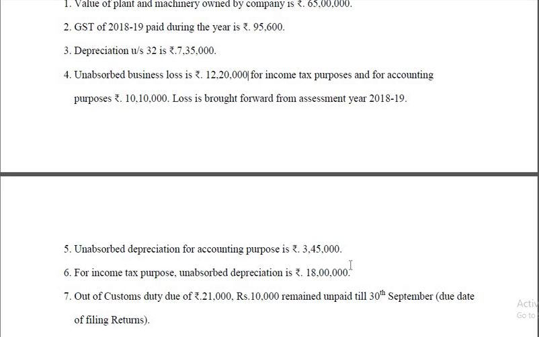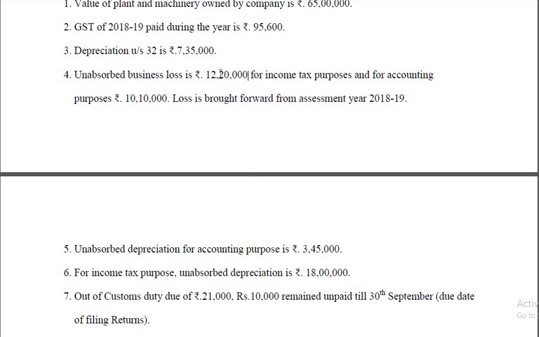While computing business income, we have to consider brought forward business loss and unabsorbed depreciation meant for income tax purposes. So here 12,20,000 we have to consider, and similarly unabsorbed depreciation for income tax purpose, 18 lakh. These two values you have to consider while computing business income.